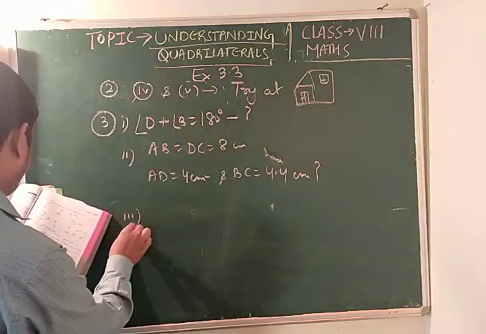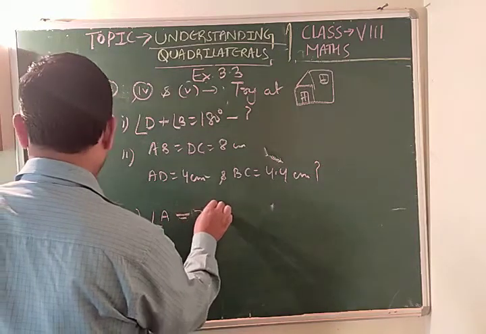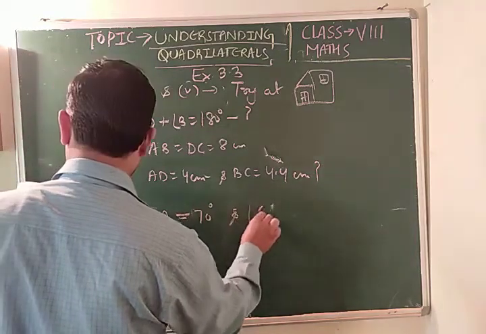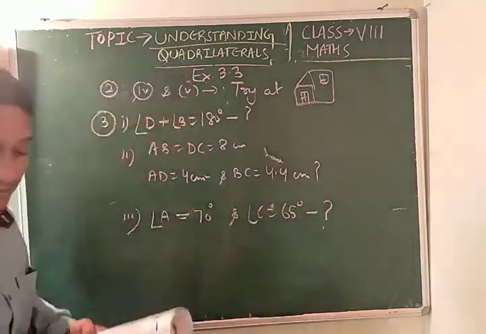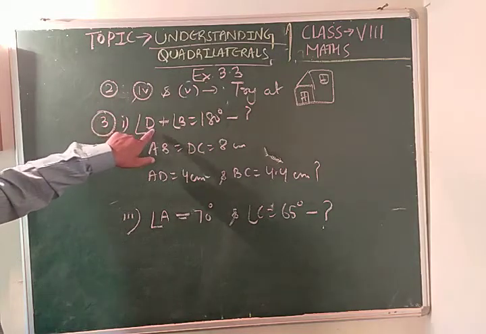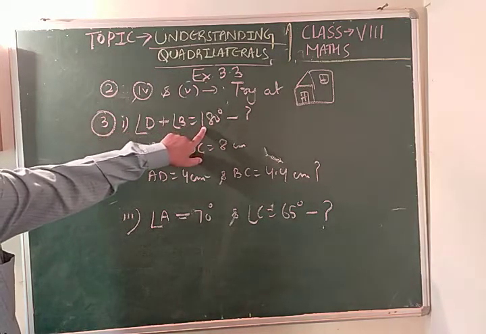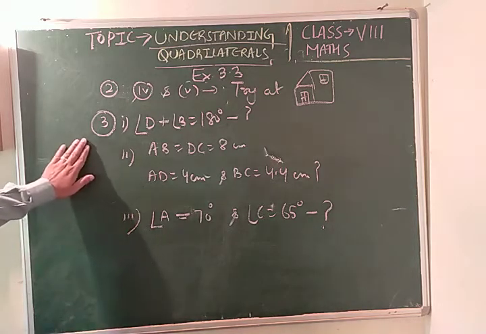Third part, angle A equal to 70 degree and angle C equals 65 degree. Now children, you have to tell, is it possible. Recall the property, whether it's possible or not. You can use the property to give the answer of these questions.